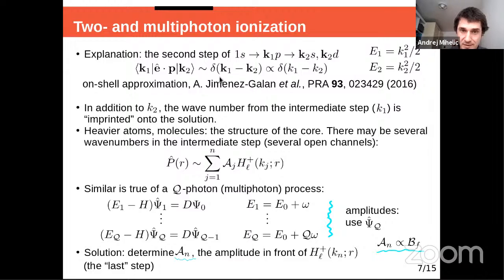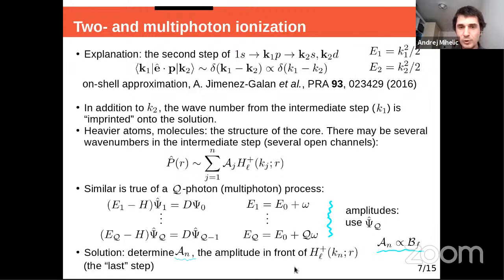And this two-photon approach can be generalized to many absorbed photons. In the case of multiphoton absorption, all of the previous wave numbers get imprinted onto the solution of the final step.